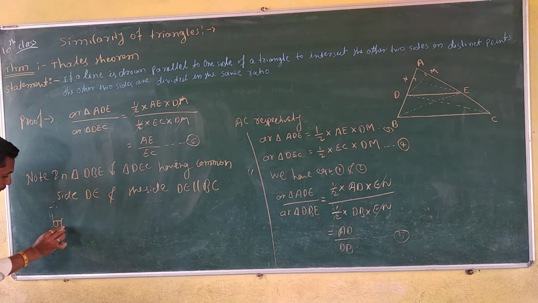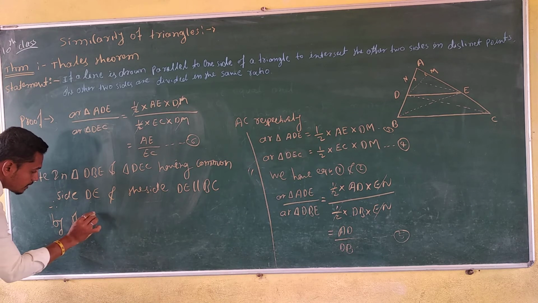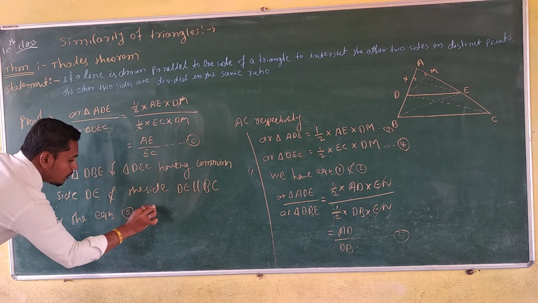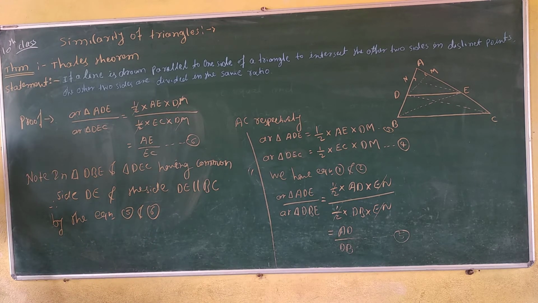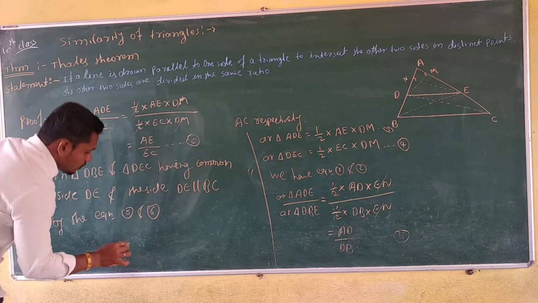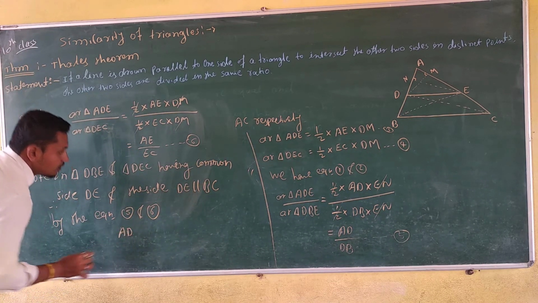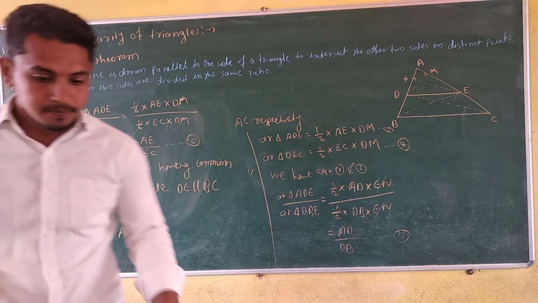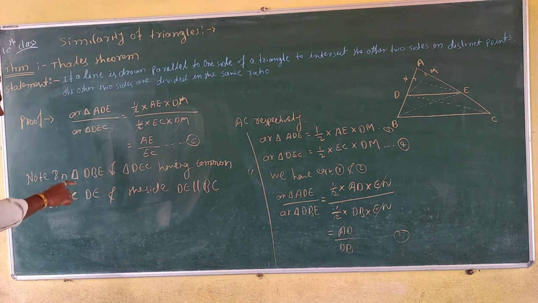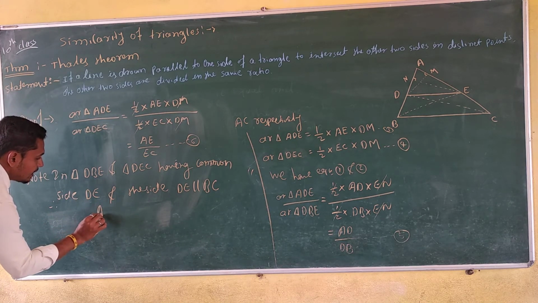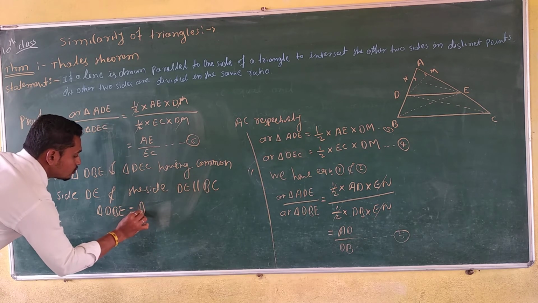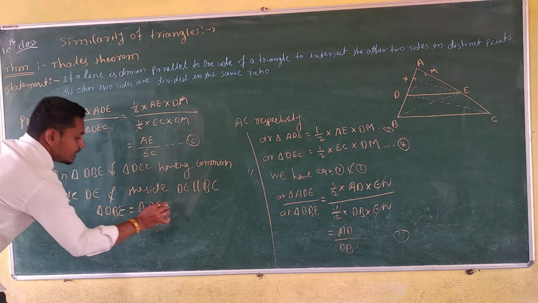So by equation number 5 and 6, we can write, but before that you write triangle DBE is equal to triangle DEC. Is it right?